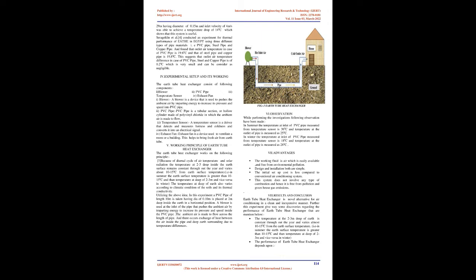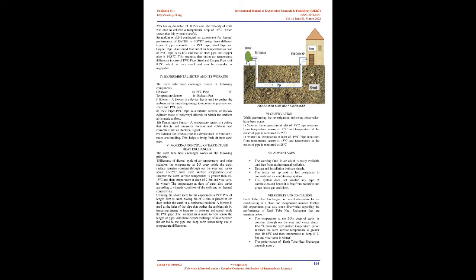Kunjay M. Chauhan et al. [3] in his research generated an analytical model where he took a PVC pipe of length 113.29 m having diameter of 0.15 m and inlet velocity of 4 m/s, and was able to achieve a temperature drop of 14°C, which shows that the system is useful.